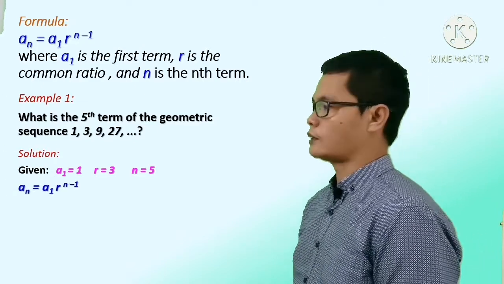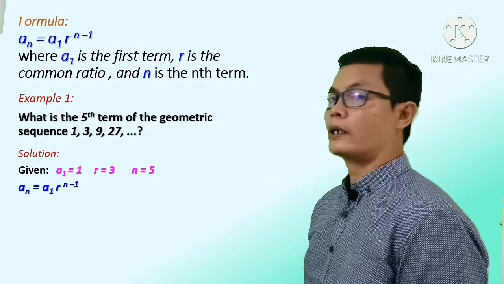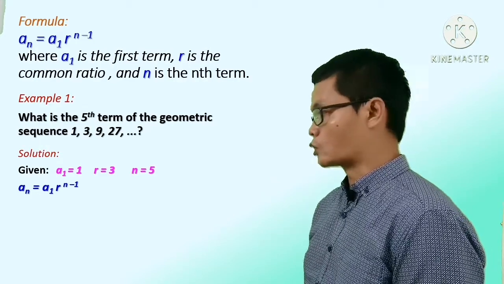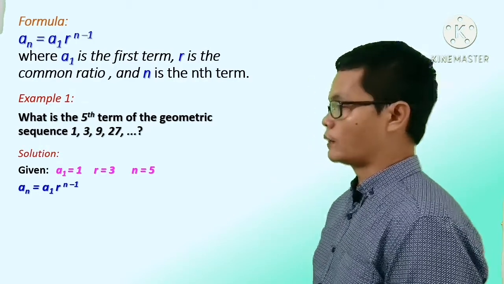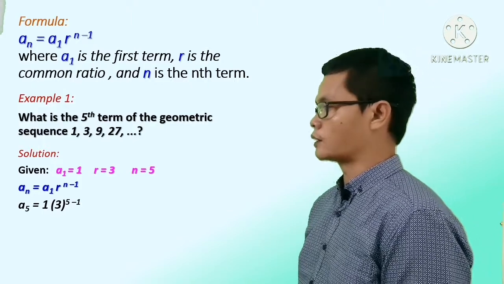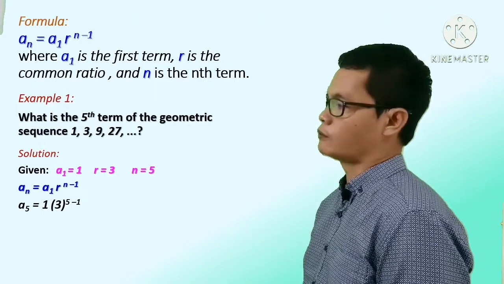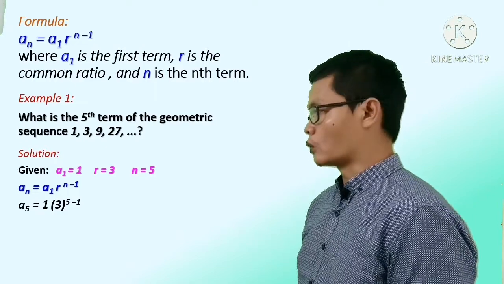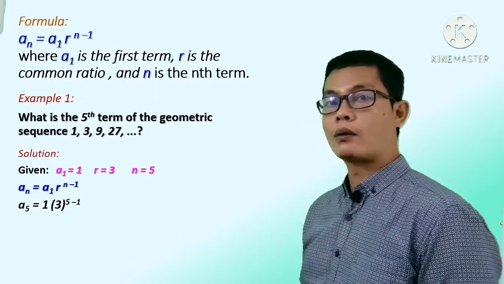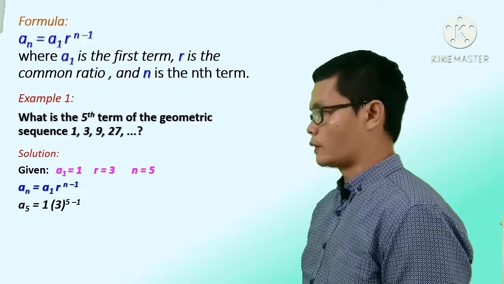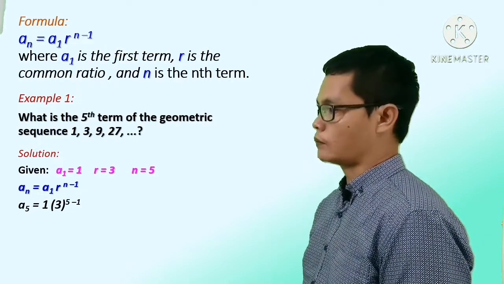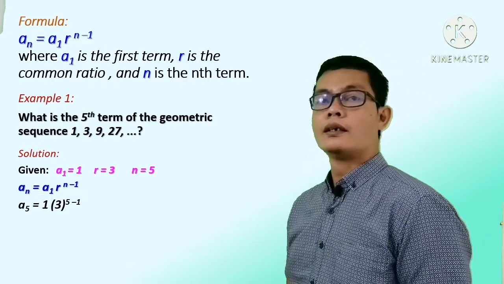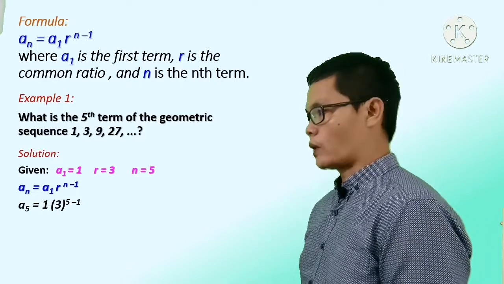Using the formula a sub n equals a sub 1 times r to the n minus 1, substitute the values of n, a sub 1, and r. We have a sub 5 equals 1 multiplied by the common ratio r raised to the power of 5 minus 1, which is the end term subtracted by the constant 1.